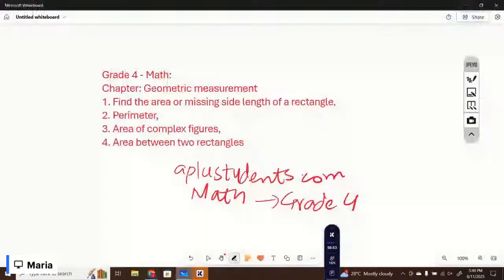So we were working on grade 4 math, chapter geometric measurement. The lessons we have covered today are find the area or missing side length of a rectangle, perimeter, find the area of complex figures, and area between two rectangles.